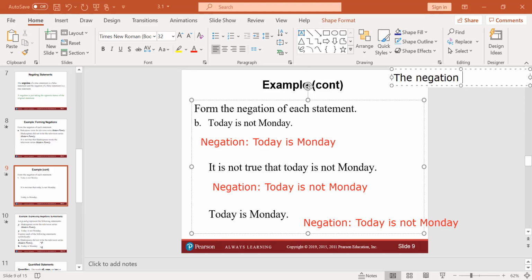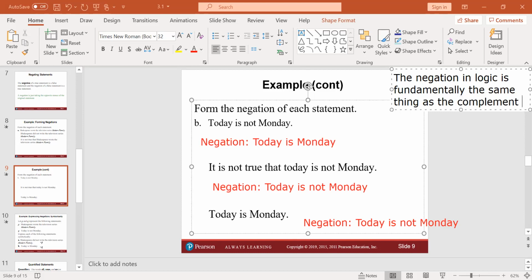The negation in logic is fundamentally, meaning it may not look like it, but it's secretly, truthfully the same thing as the complement in set theory. In fact, what we're going to learn is that logic and set theory are secretly the same thing. They're just different expressions of the same idea. Just like 1/2 is the exact same as the fraction 3/6.